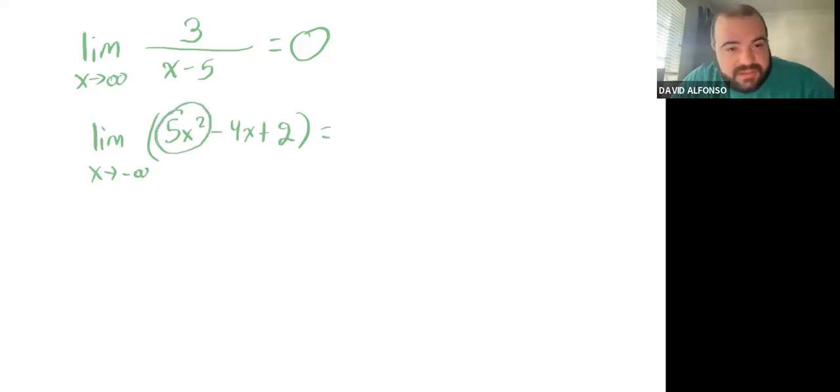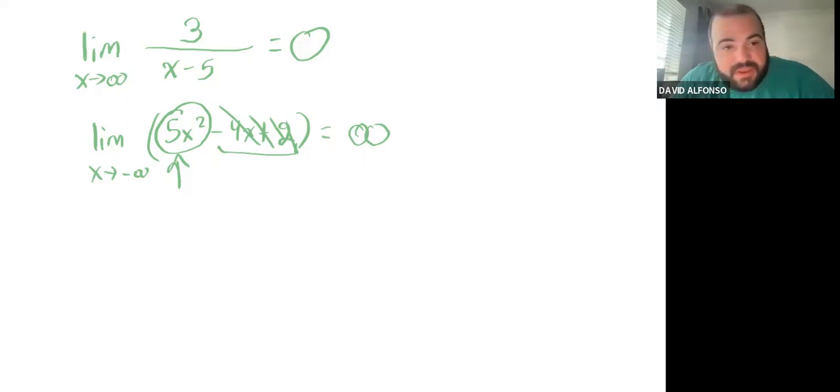You just really have to look at the leading term, because that leading term is growing so much faster than the rest that you can just ignore those. When you square a negative giant number, you get a positive giant number. So you can ignore the rest and just say this goes to positive infinity, right?